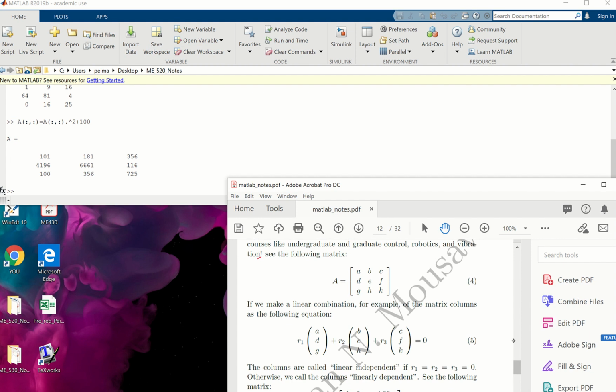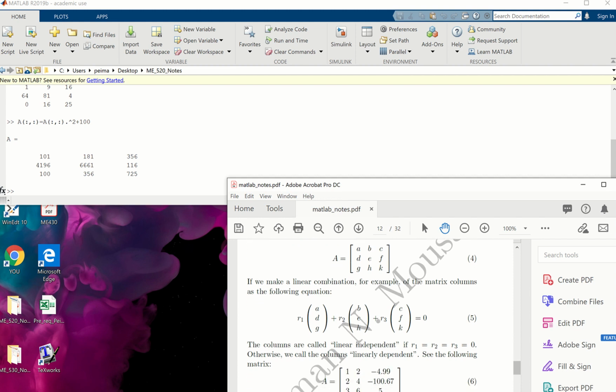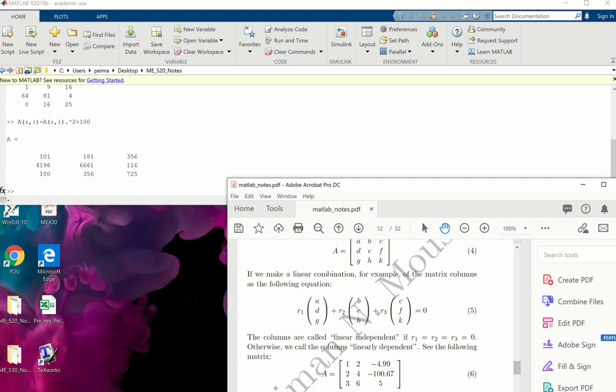So to satisfy equation 5, these columns are linearly independent if R1, R2, and R3 are 0. Otherwise, we call the columns linearly dependent. I'm going to elaborate on this more in the matrix determinant and the inverse eventually.